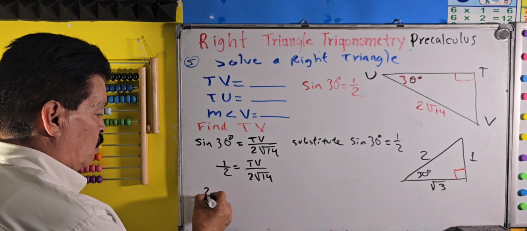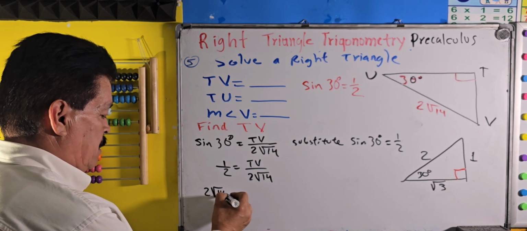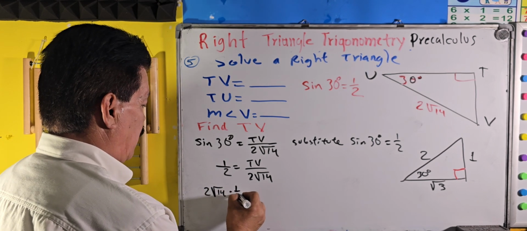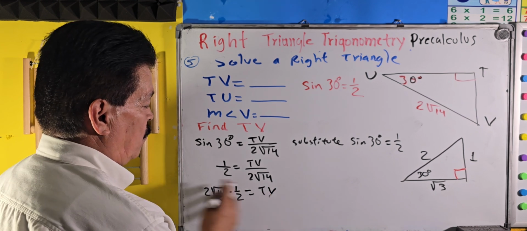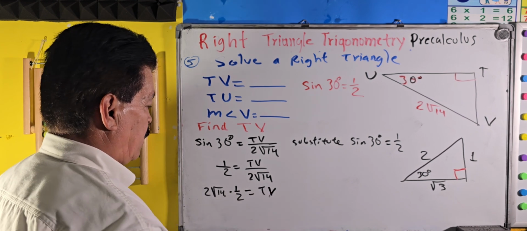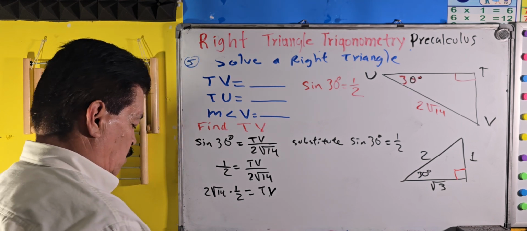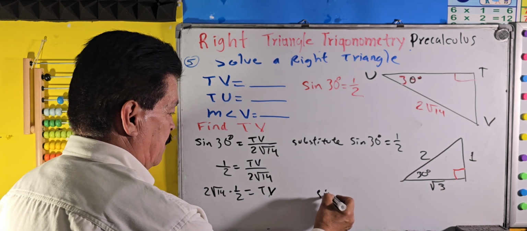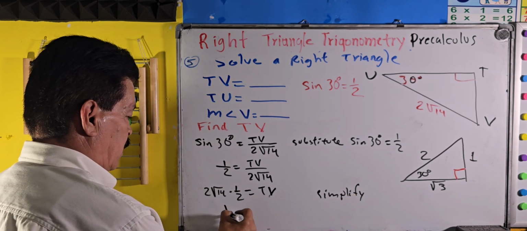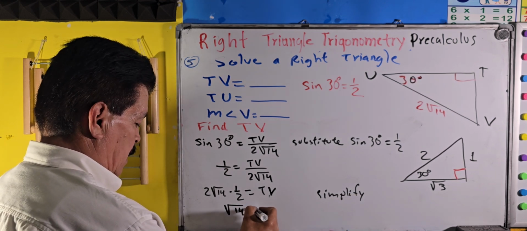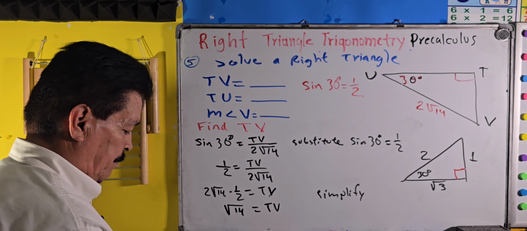We have to write 2 square root 14 times 1/2 equals TB. All numbers that we know, move to the left side and leave the variables on the right side. So now simplify here. We will have square root 14 equals TB.